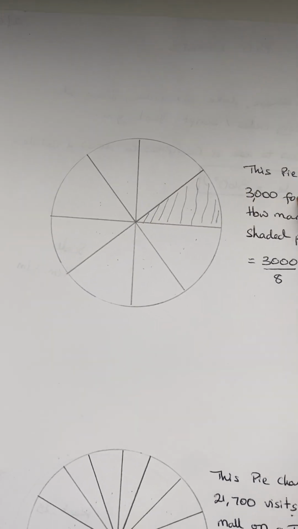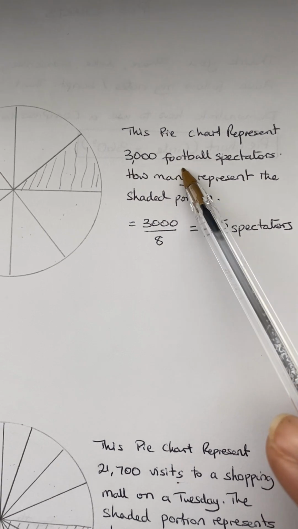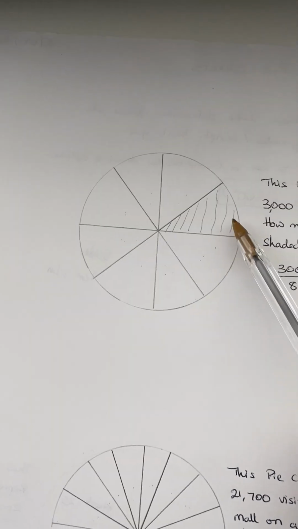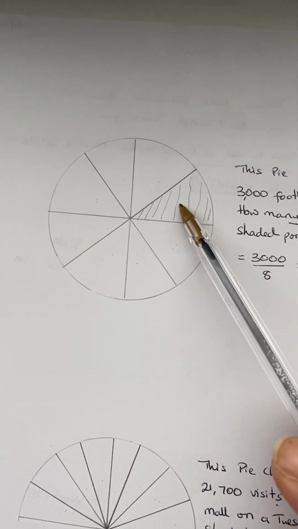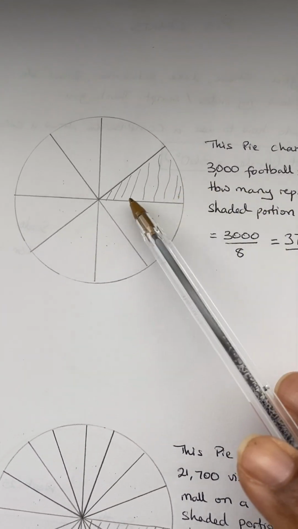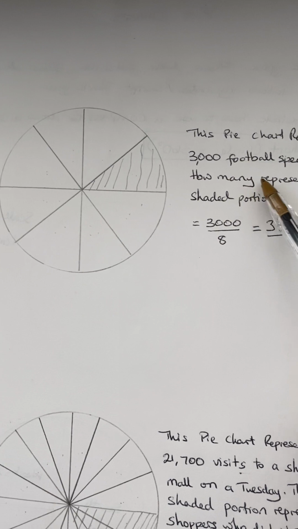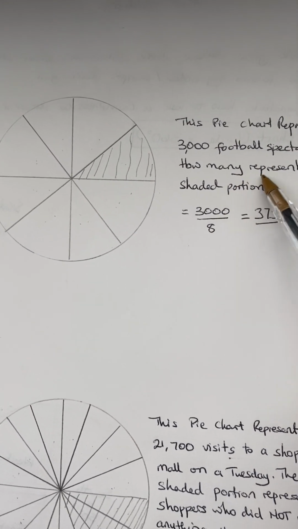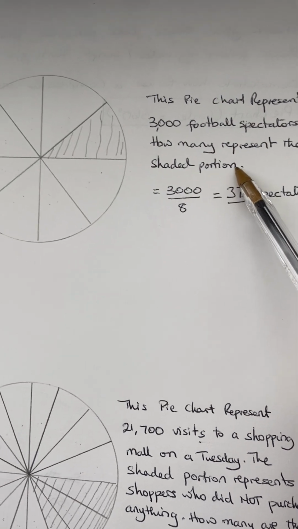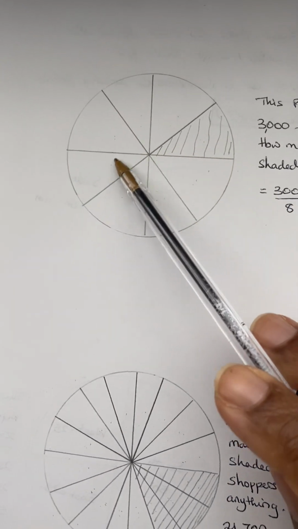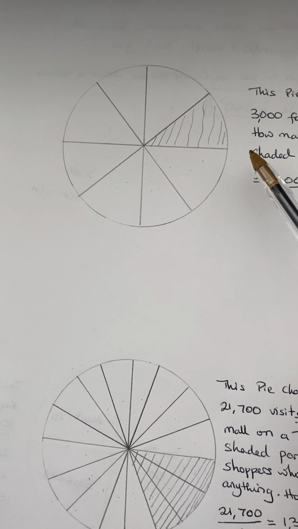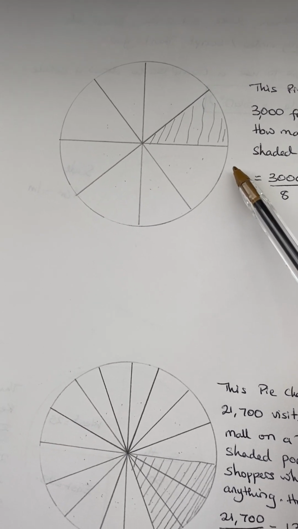This pie chart represents 3,000 football spectators. Okay, so this is the whole pie chart, and it represents 3,000 football spectators. How many represent the shaded portion? So the full pie chart represents 3,000 people who went to watch a football match.